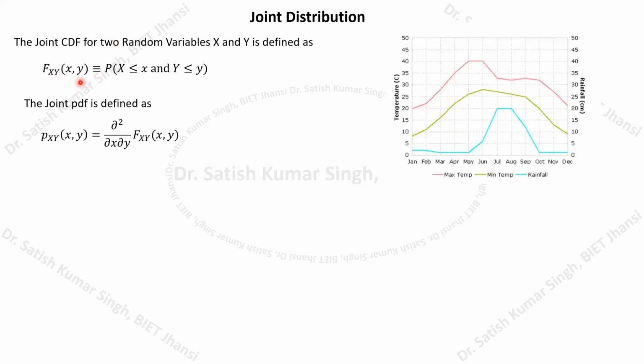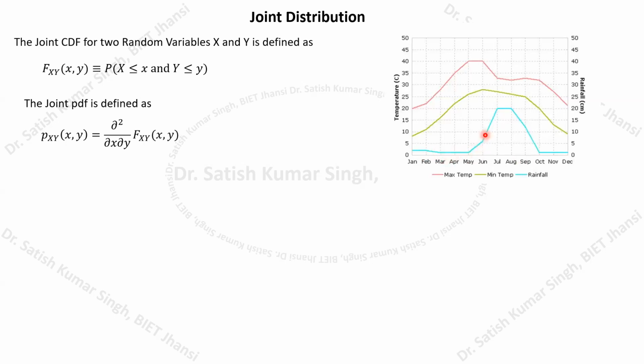So for example, let us say that this is one of the data sets, in which we are showing the maximum temperature and minimum temperature over the years in a particular place. And here we also have the data corresponding to rainfall.